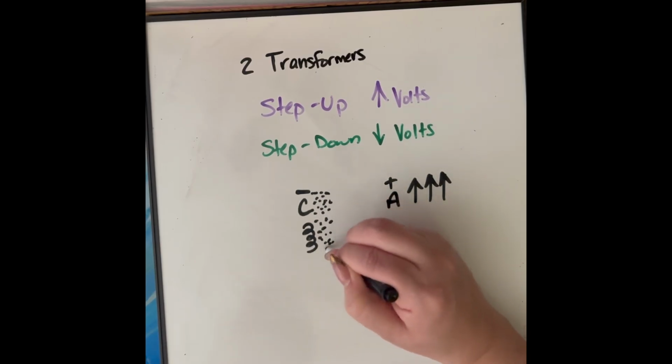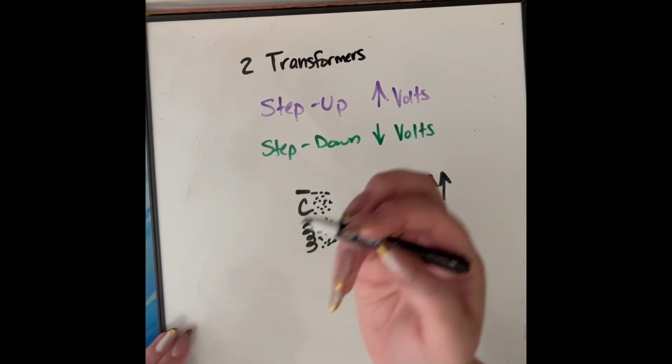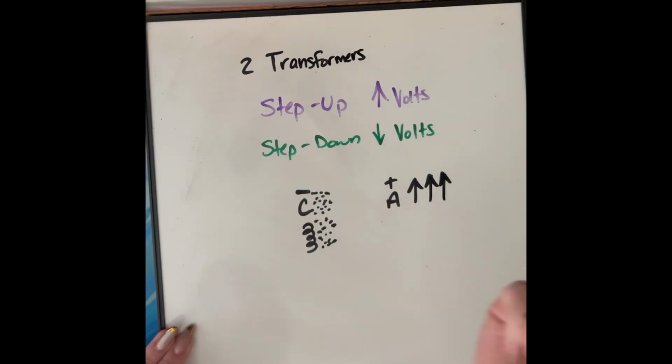when this filament gets really, really hot, if you remember what controls the filament is our current. Our current is also controlled by these transformers. Whatever happens to our voltage is going to be the opposite of what happens to our current.